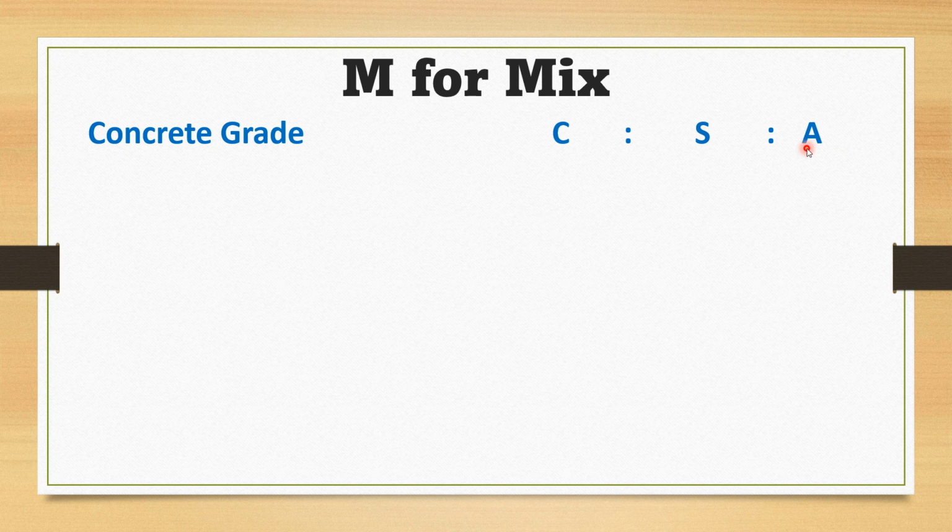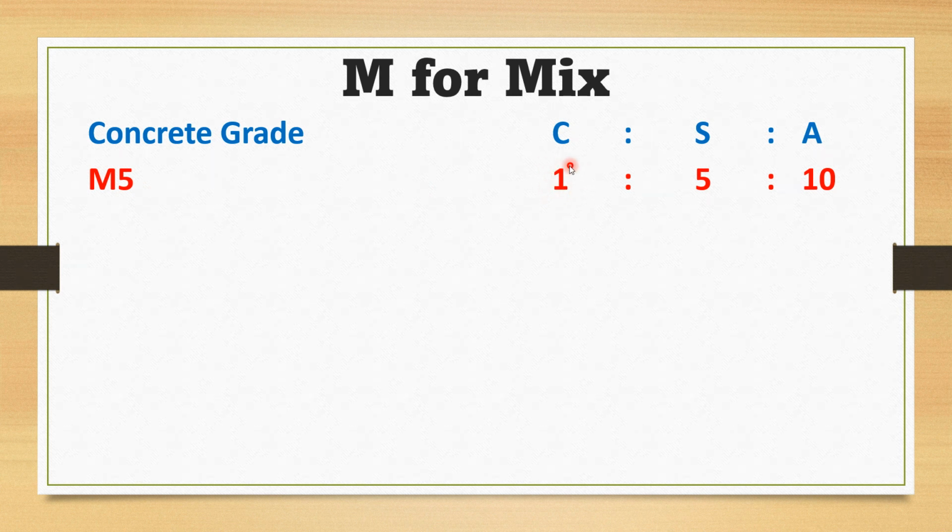If we have M5 grade concrete, it means its cylindrical strength is 5 megapascals after 28 days. Now its content of cement.